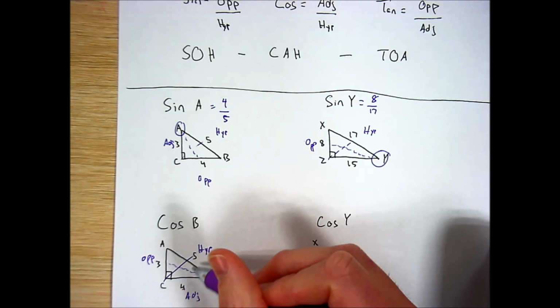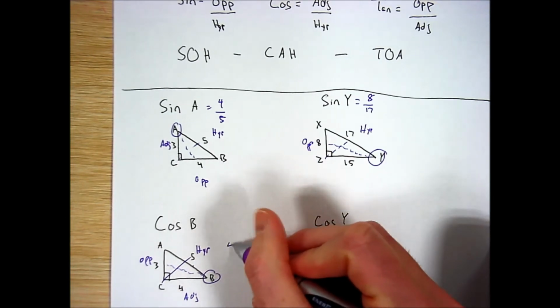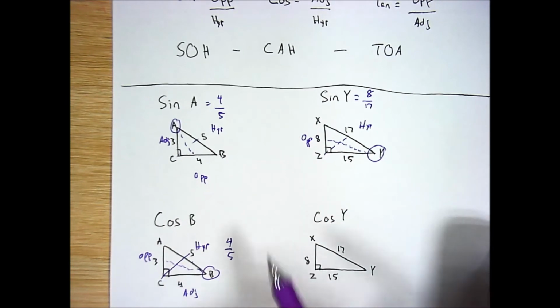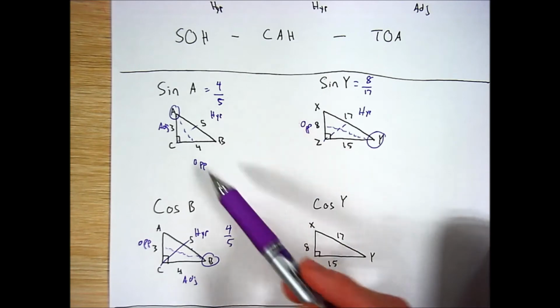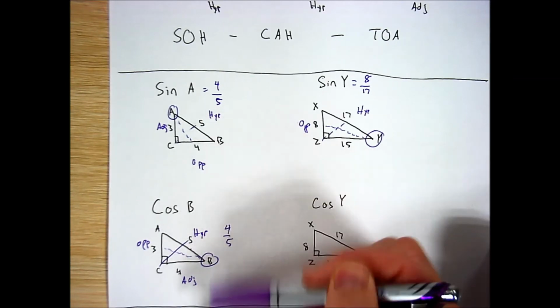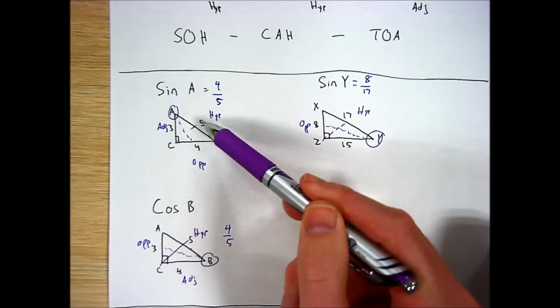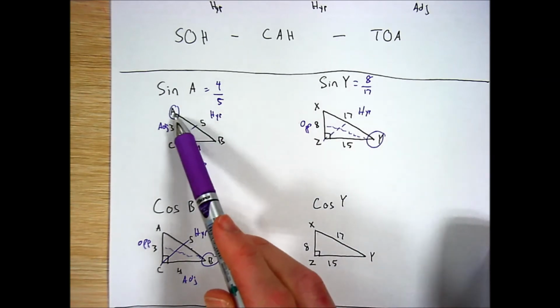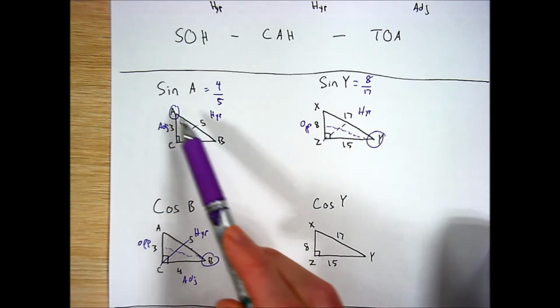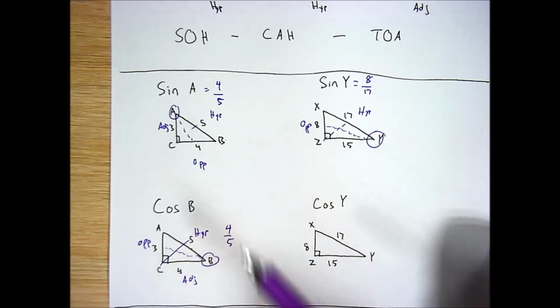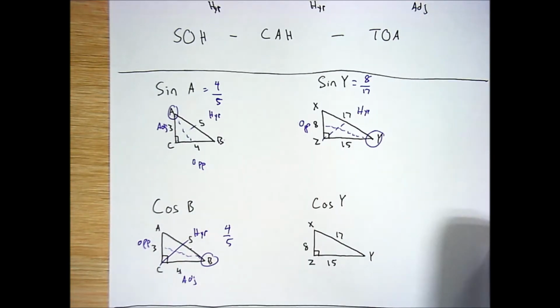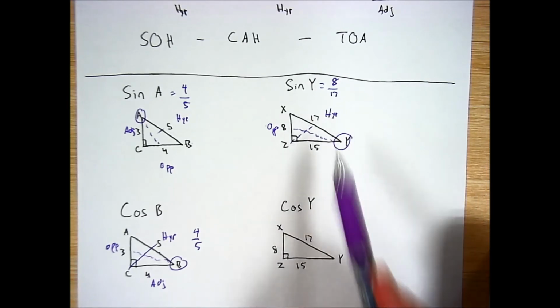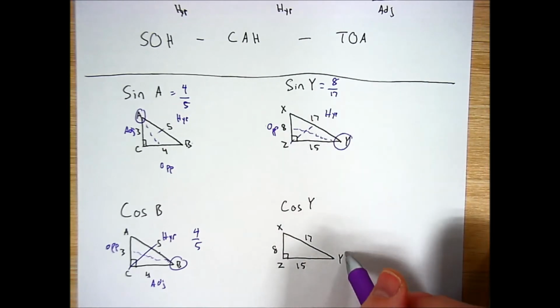Adjacent is 4, hypotenuse is 5. 4/5, same answer as this one. So in the same 3, 4, 5 triangle, sine of one angle, A, will be equal to the cosine of the other angle, B. Pretty cool.